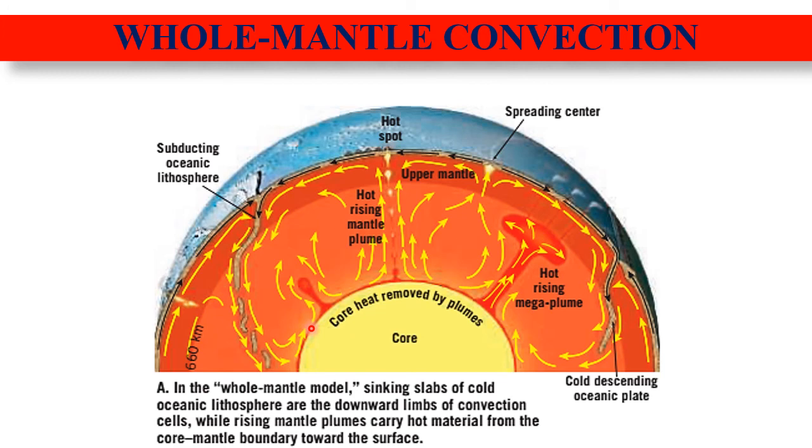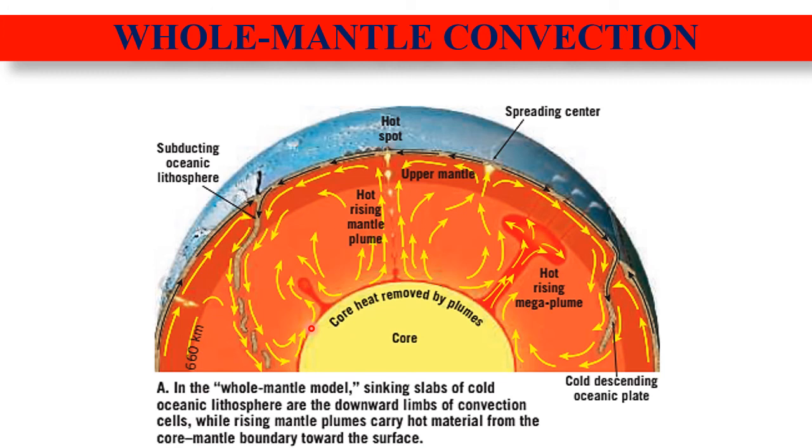The long narrow plumes are thought to originate from the core mantle boundary and produce hotspot volcanism of the type associated with the Hawaiian Islands, Iceland and Yellowstone.